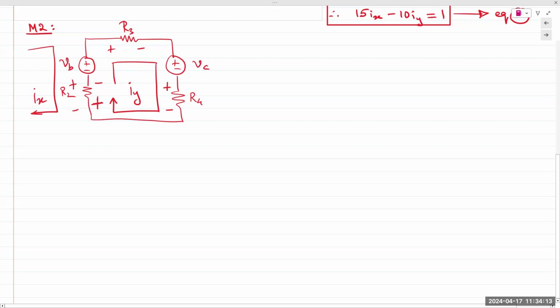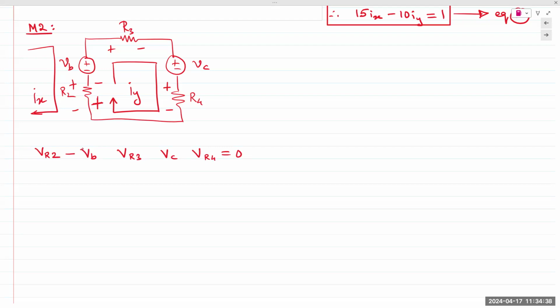Are we ready to apply KVL? 5 components, so 5 terms in my expression. Starting from the bottom left corner, I have VR2, VB, VR3, VC, and VR4 summing up to 0. All my resistor voltages are positive.